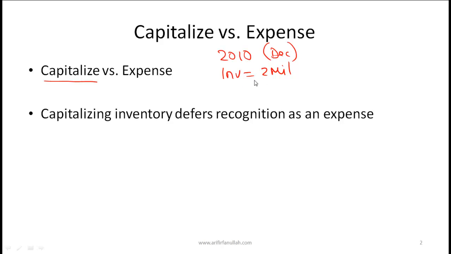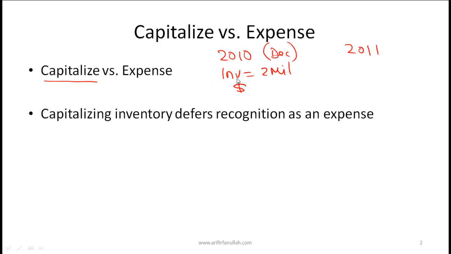You have bought this inventory in 2010 with the intention of selling this in 2011. Clearly it does not then make sense to expense or show this 2 million as an expense in 2010, even though you have spent the cash in 2010. So what we do is capitalize the inventory.